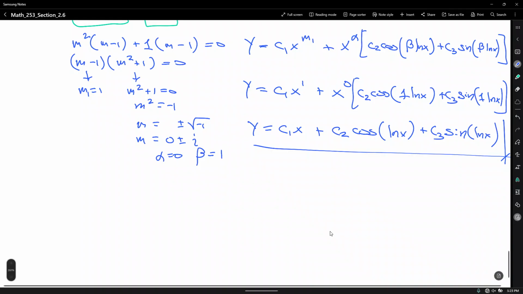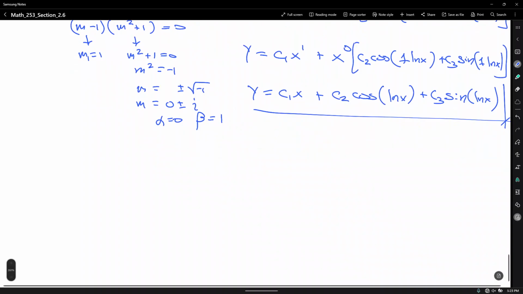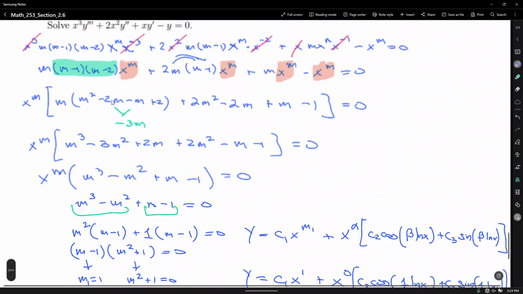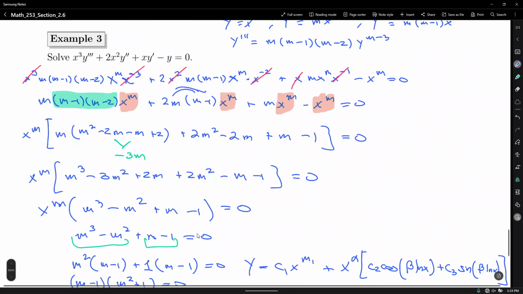In fact, for the take-home quiz, you're going to show that the characteristic or auxiliary polynomial for a third order Cauchy-Euler differential equation looks like this: a m cubed plus (b minus 3a) m squared plus (2a minus b plus c) times m plus d equals 0, where you would just substitute the numbers and then solve the equation. Because, guys, doing all this takes a good minute to do, right?